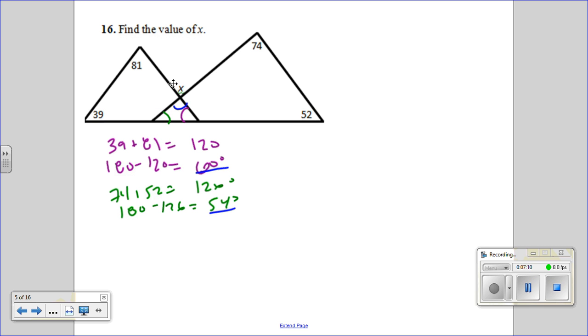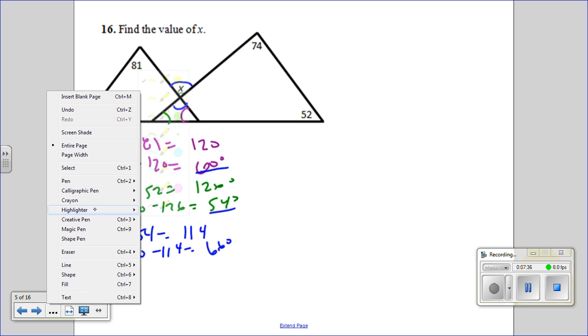When I find that last angle, it's going to be congruent with x because that's a vertical pair. So 60 plus 54 gives me 114, and then subtract that from 180, and that would be 66 degrees. So that's x.